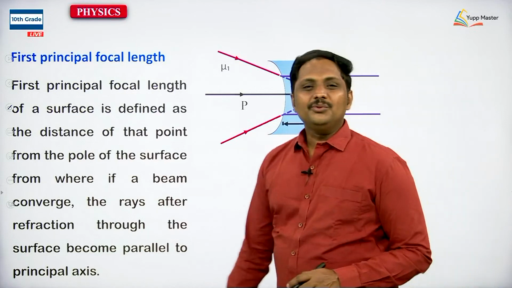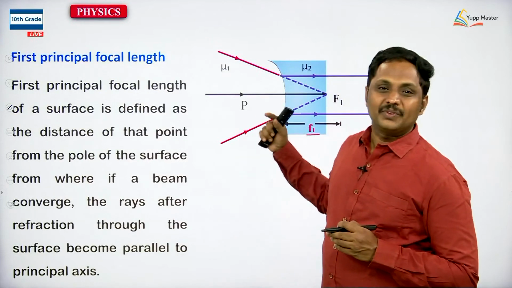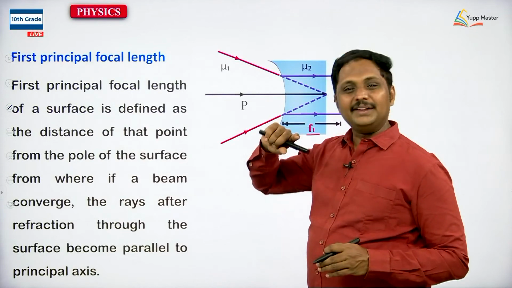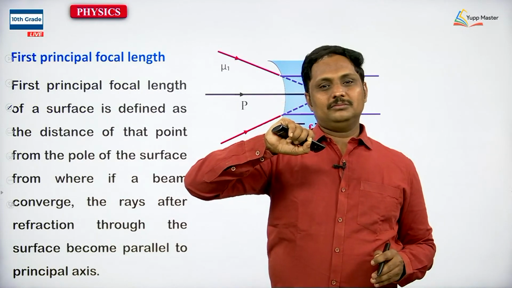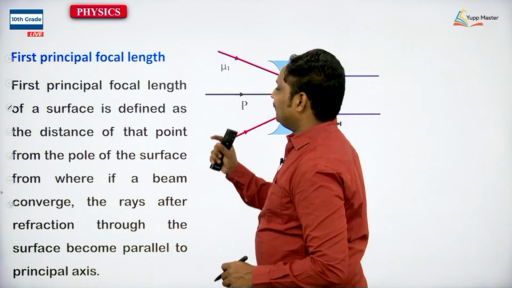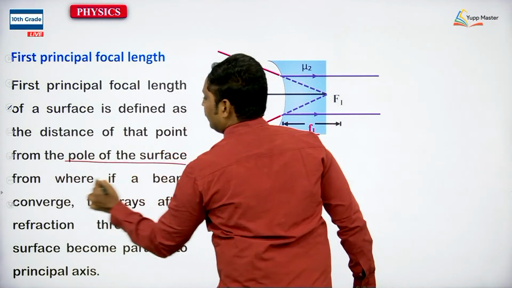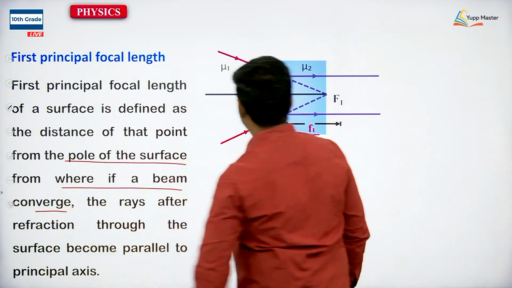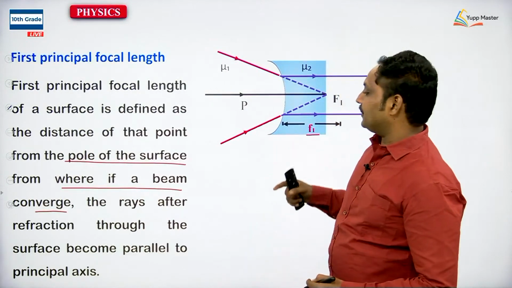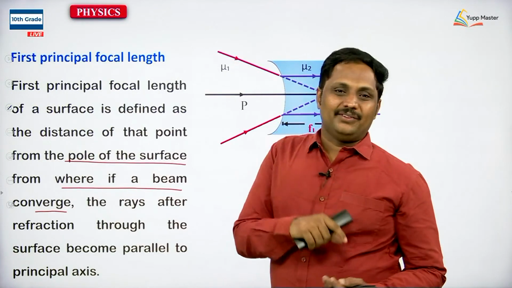So, what can you say about the first principal focal length in the case of the concave refracting surface? It is the distance between the first principal focus and the pole. Please note down this point. The first principal focal length of a surface is defined as the distance of that point from the pole of the surface where a beam converges, the rays after refraction through the surface become parallel to the principal axis.